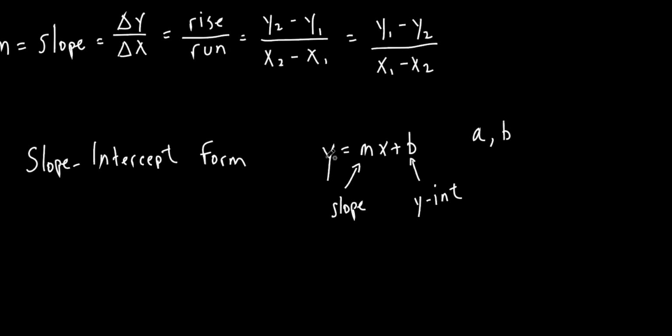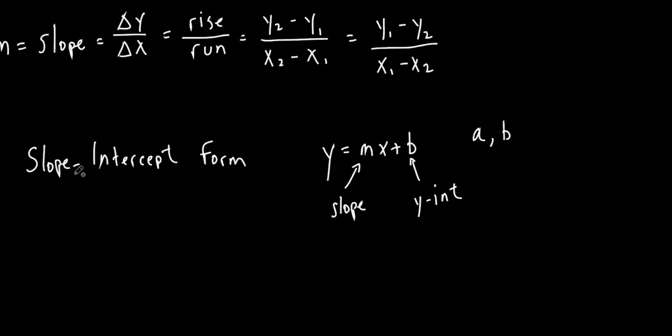This a is not the capital A in that general form, so it's a different a. And this b is not the same as the b in the general form. It's a lowercase b, the others were uppercase. But that's why the y-intercept is b, because you would consider a being the x-intercept. I always thought it was interesting to figure out why they use b of all letters. Isn't that weird?